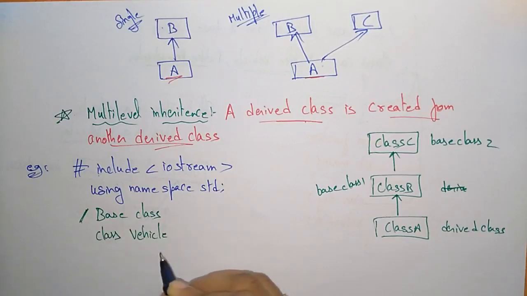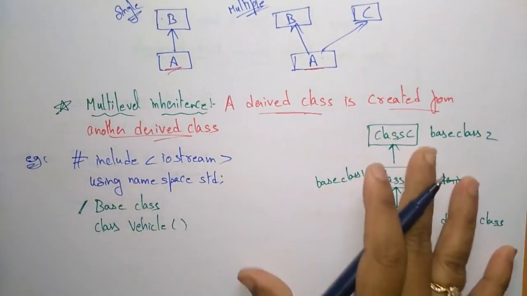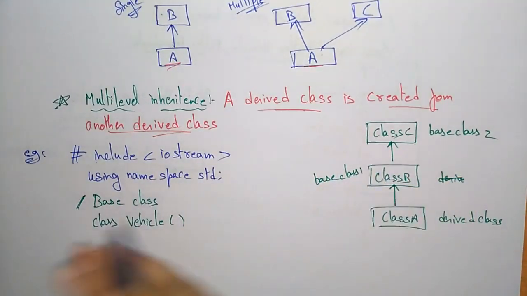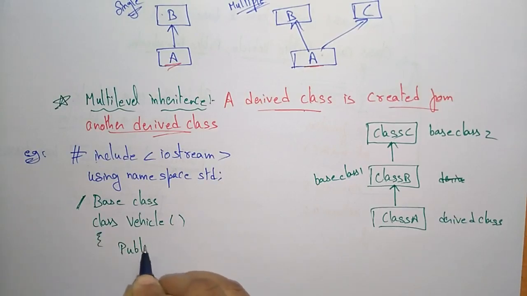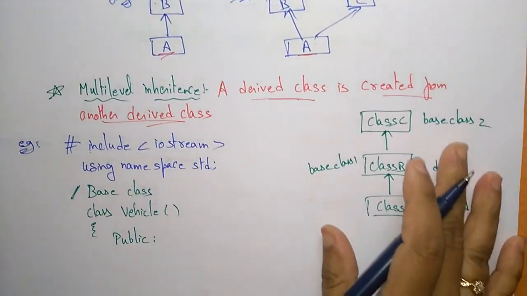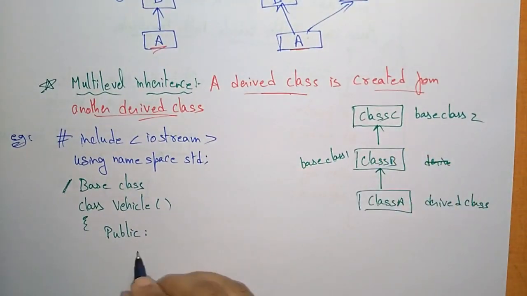For all inheritance types, I am taking the same example so that you can understand the difference between each inheritance. So this is the base class vehicle. I am declaring it as public so that other classes can inherit the properties of this base class.